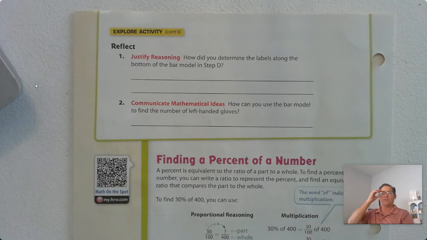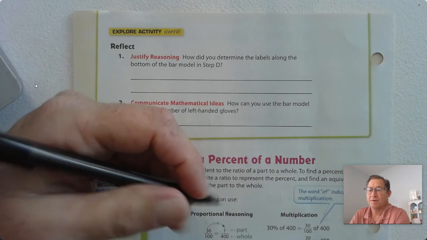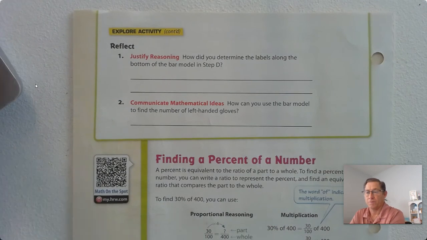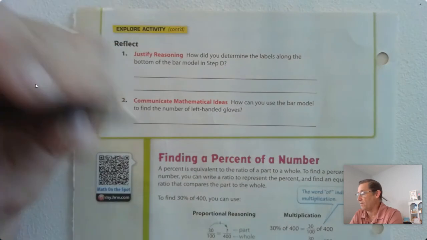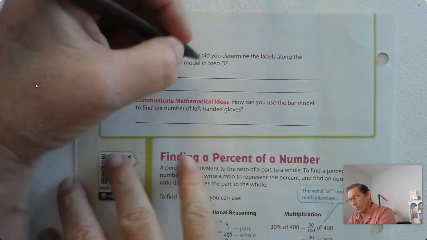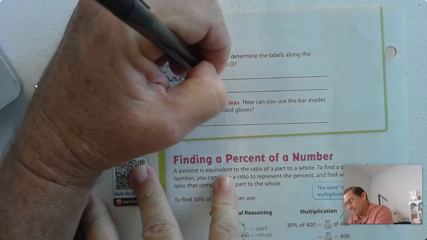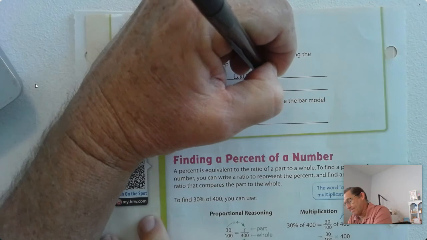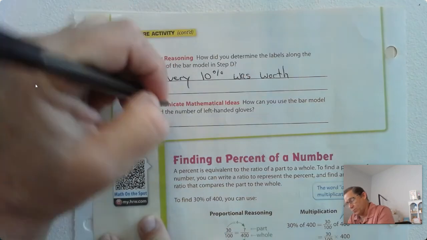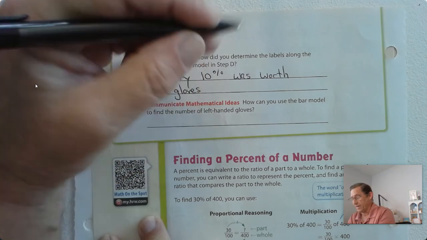So how did we determine the labels along the bottom of the bar model in step D? Each bar was worth 10% of the total, and each bar was worth 40 gloves. So every 10% was worth 40 gloves.